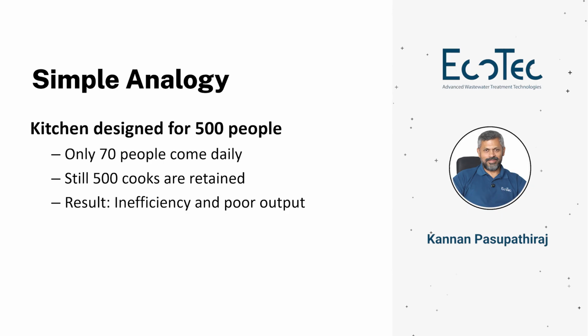Let's understand with an example. Imagine a kitchen that's built for 500 people, but only 70 people show up daily. If we keep the same number of cooks, for 500 people, chaos is guaranteed. There may be staff that are idling, confused, without knowing what to do.